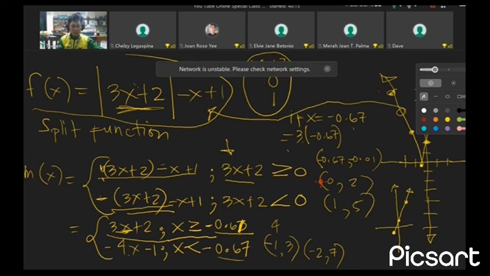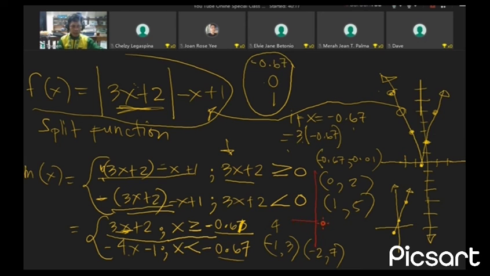On the negative side, there is a hole at this point. Why? Because on the negative side, x must not be equal to negative 0.67. That is why it creates a hole.